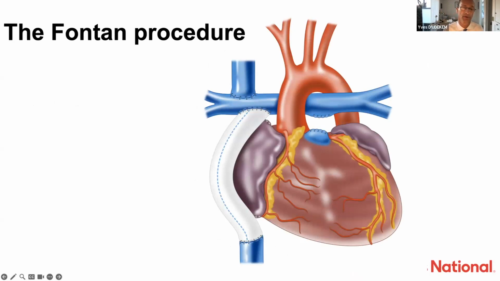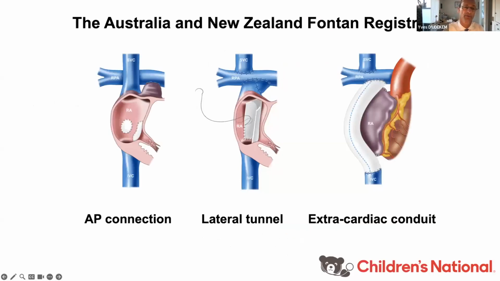Arnaud has explained to you, when you have a single ventricle condition, you make a pathway that bypasses the right heart, and you can do it in various ways. The initial way was to isolate the atrium from the rest of the heart and connect the atrial appendage to the pulmonary artery, but you can imagine that the blood from the SVC had to swirl around the atrium before getting there.